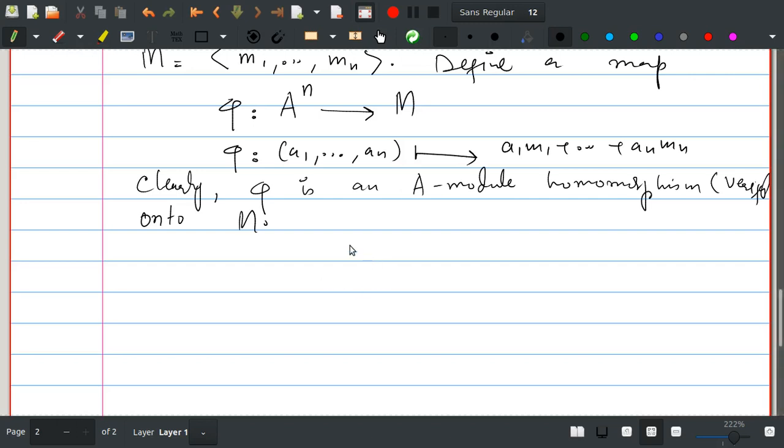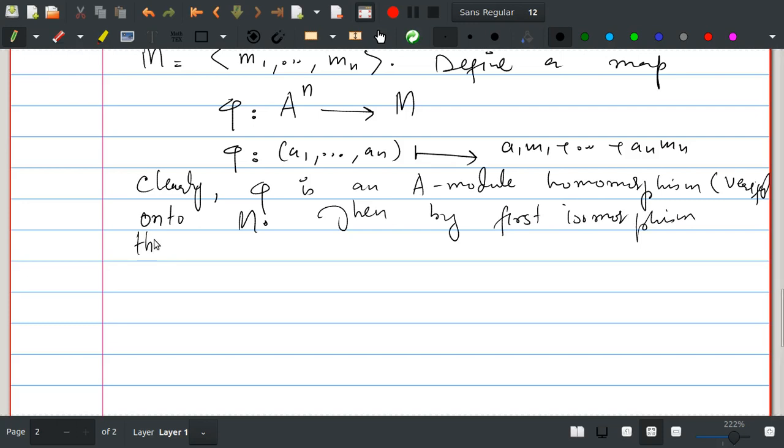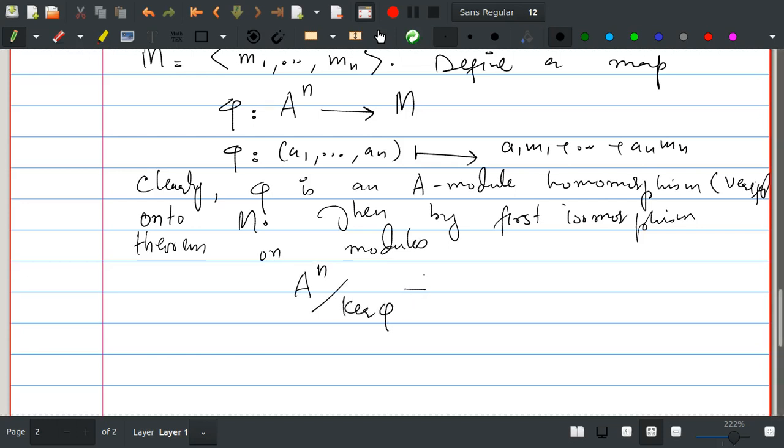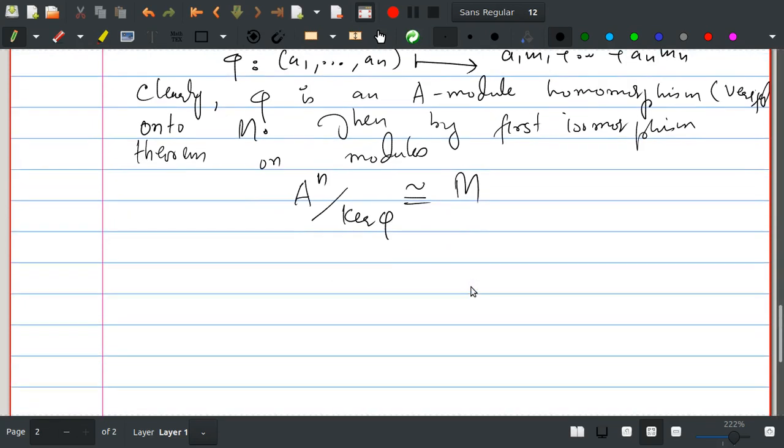So now invoking the first isomorphism theorem on modules, A to the power n mod its kernel, I mean the kernel of phi, is actually isomorphic to M. So this proves one direction.